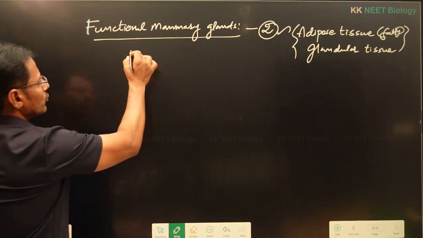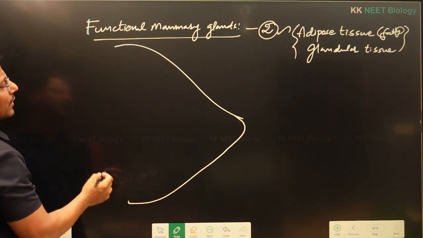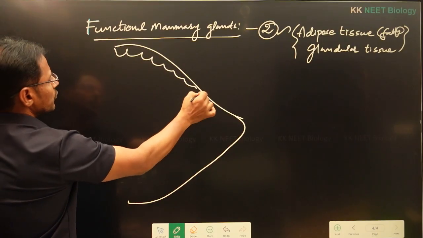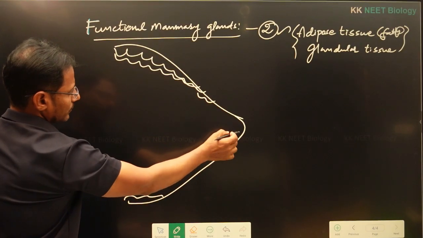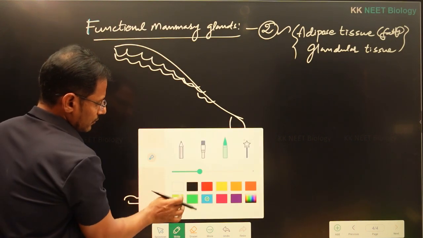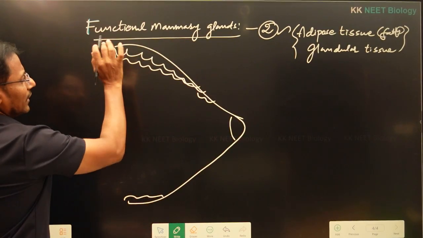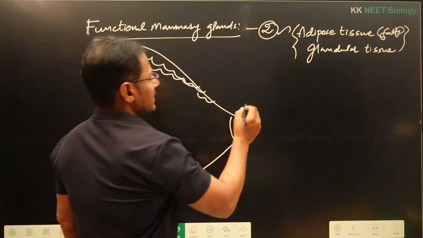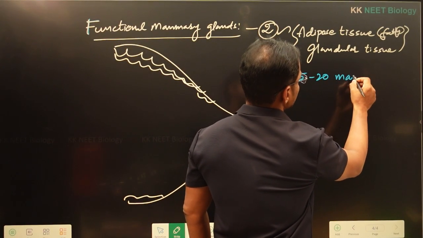Now let us see. Assume that this is the breast. Here everything is adipose tissue, right? This is the nipple. Now we see the glandular tissue. Every mammary gland contains around 15 to 20 mammary lobes.